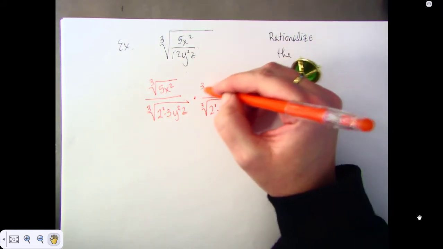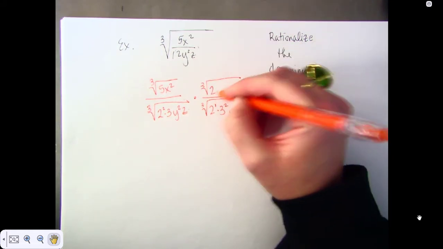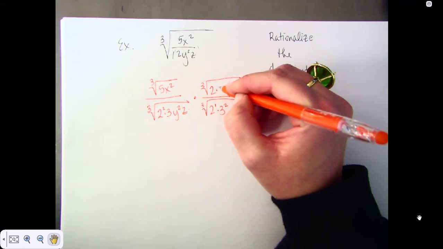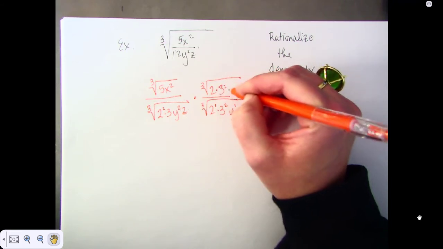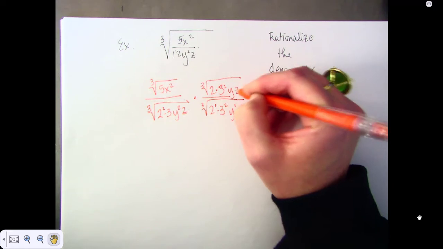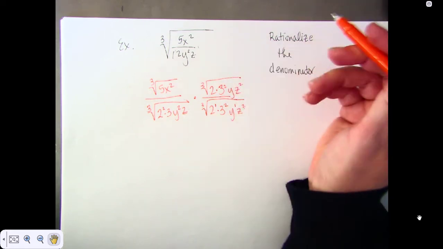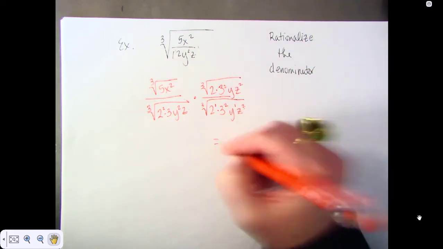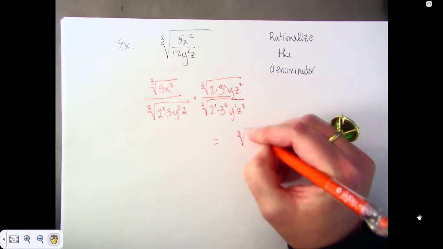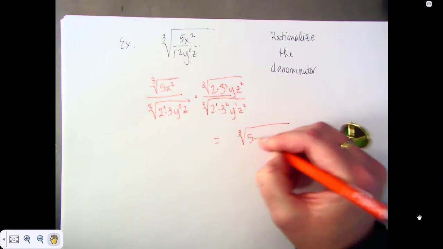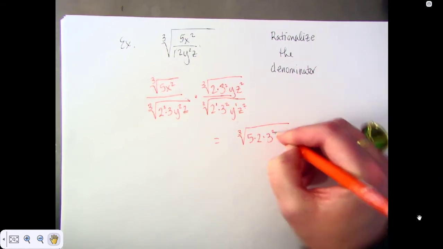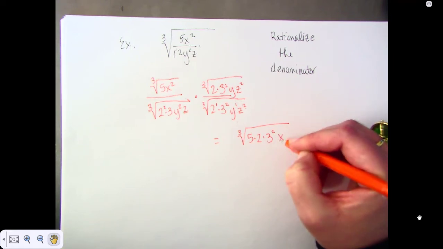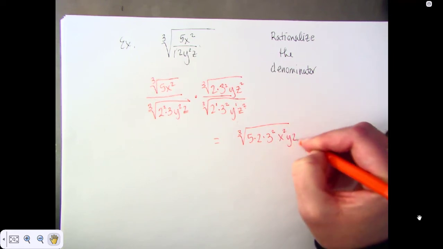So now I have to do the same thing on the top. Whatever I did in the bottom, I have to do to the top. So I'm going to get y z squared. Simplify. So in the numerator, I have 5 times 2 times 3 squared, x squared y z squared.